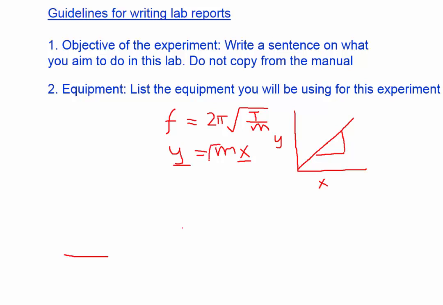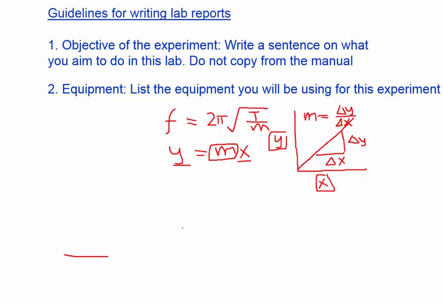That would be m. In other words, the slope of the graph is the rate of change of y with respect to x, or it is delta y divided by delta x. Delta y is the change in the value of y, delta x is the change in the value of x.